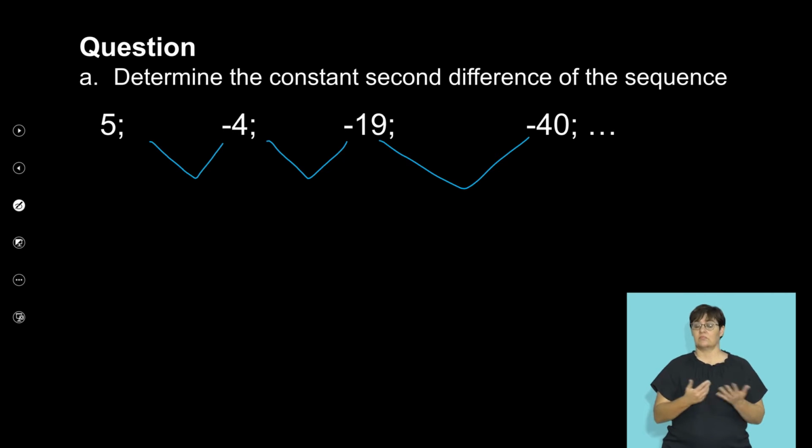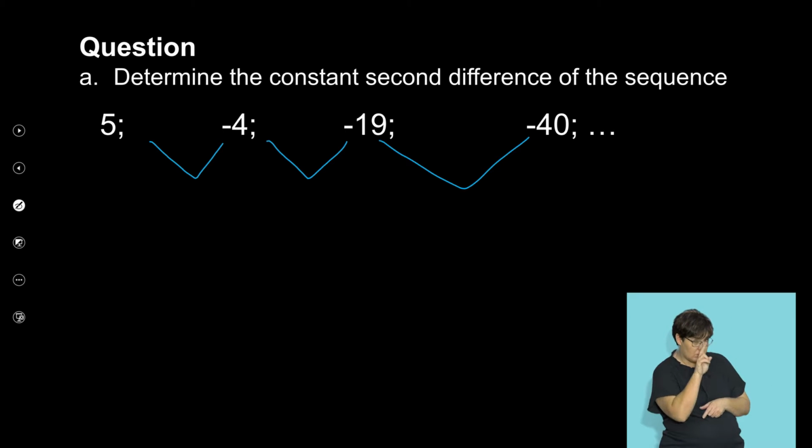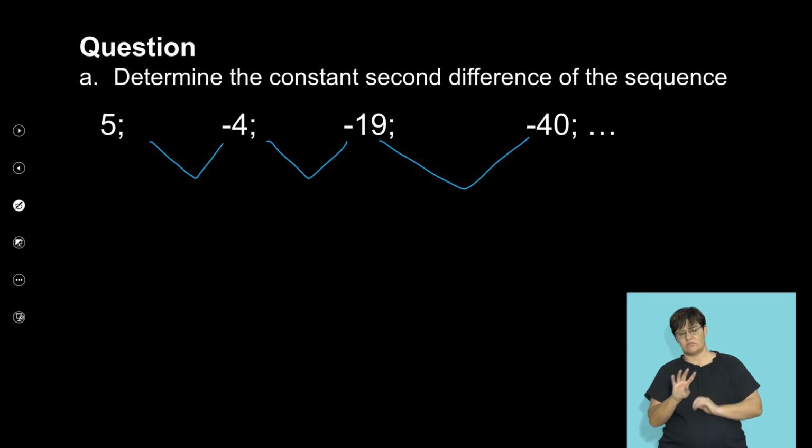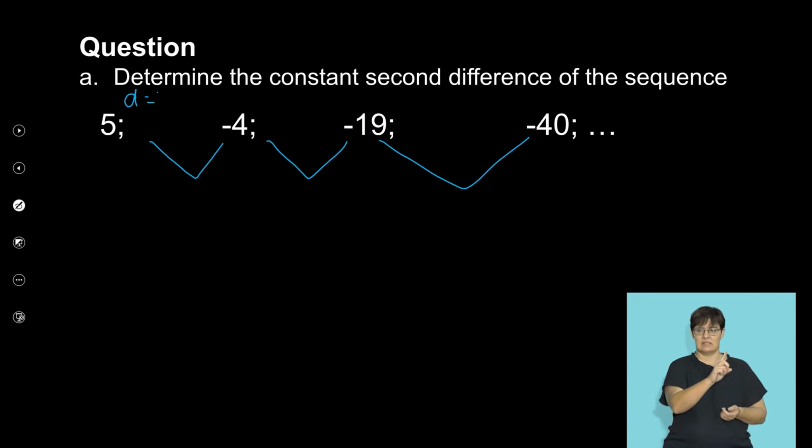So if I ask myself, and I'm going to ask you at home as well, what is the difference if I'm moving from a term value of 5 to a term value of -4? You can also substitute in your D, which is T2 minus T1. -4 minus 5 will give me that the first term of the first differences is -9.